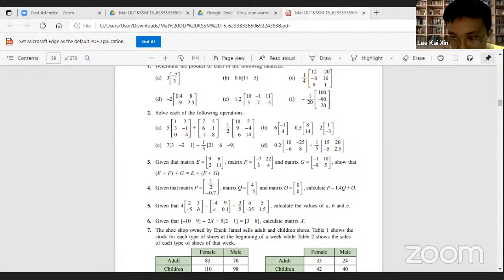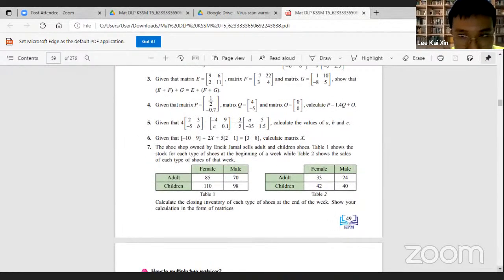We don't do question 3. We'll do question 4, since there is multiplication there.